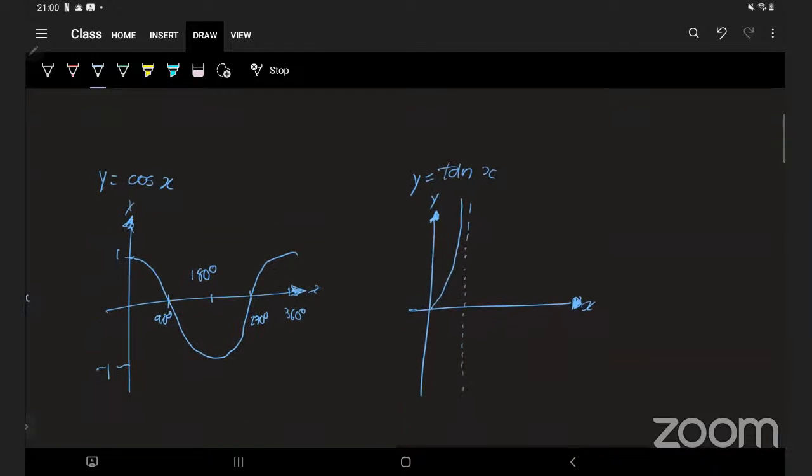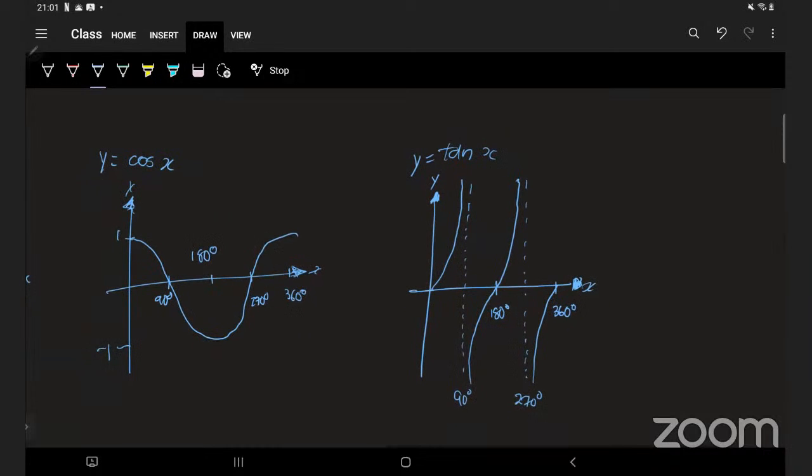This asymptote line is actually 90 degrees, and then you get something from below here, and then you get all the way up there, and then you have another asymptote line here, which is equal to 270 degrees. And then this is equal to 180. And then you'll get another one all the way from the bottom up to here, which is 360 degrees.